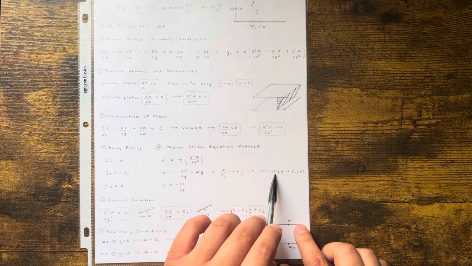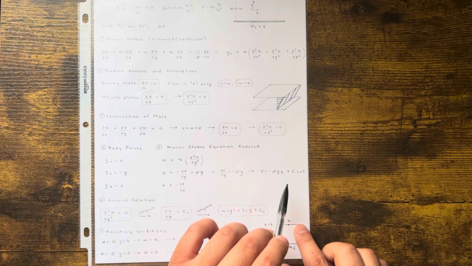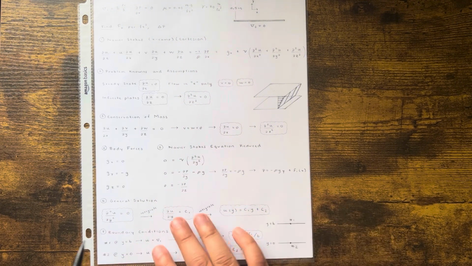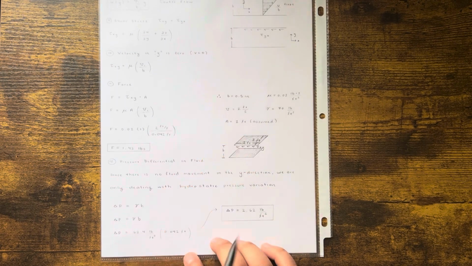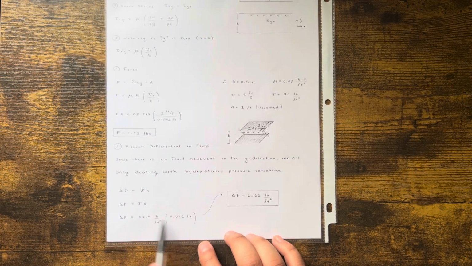So in this case, it really is just gamma times height, okay? Rho g y. So that's what it is. Rho g times height, and it's gamma times b, 0.5 inches. Converted to feet, we know this is 62.4 pounds per cubic foot.